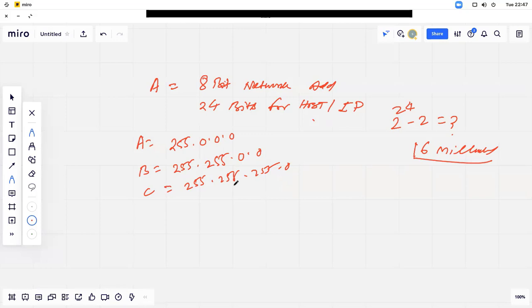So what is the process we can use to divide our bigger network into smaller ones? We have to borrow host bits into the network bits. As per the default network address, A class has 8 bits of network address, B class has 16 bits, and C class has 24 bits.